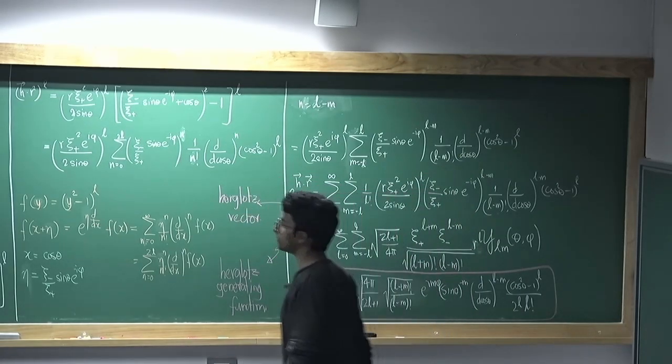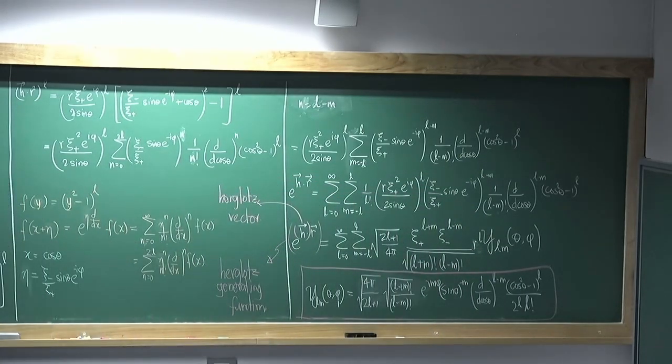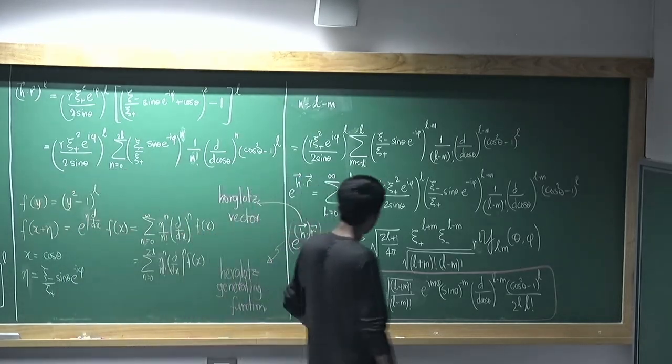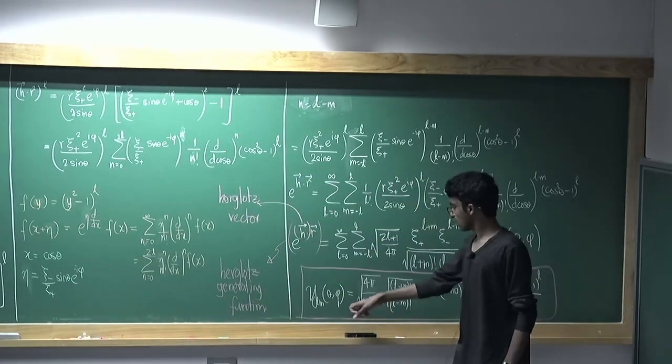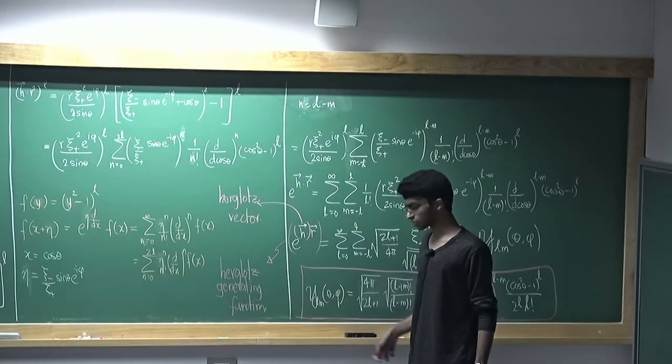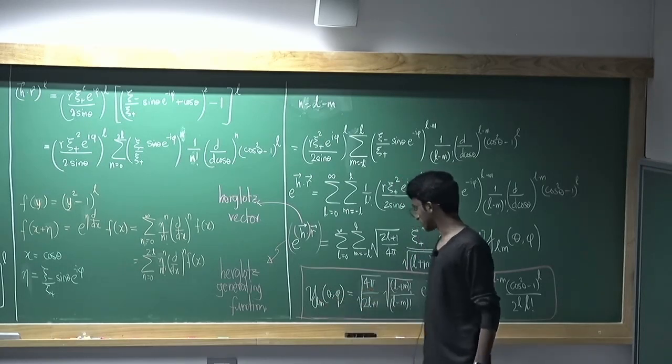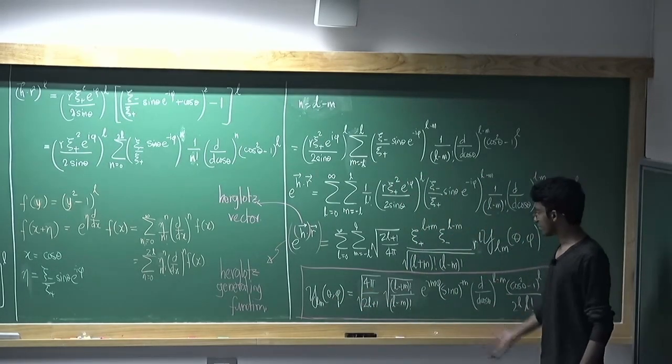Did I have anything else to say? Yes. I'll also put this in the notes. I'd encourage you to take the m equal to 0 part of these Y_lm's and see that they are the P_l's.